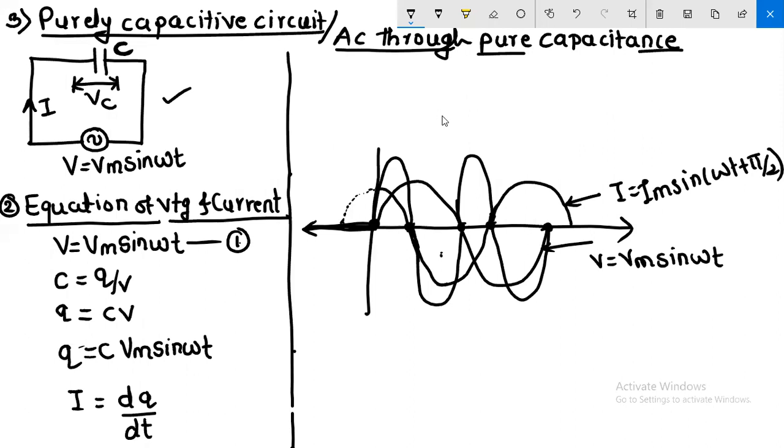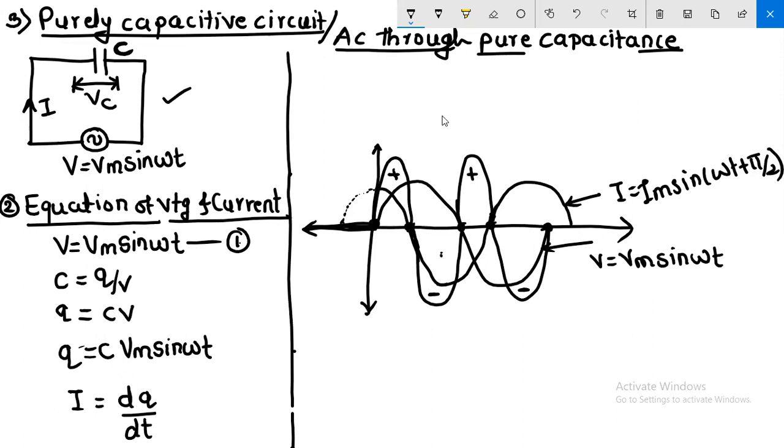That means in the whole cycle, twice your power is positive and twice it becomes negative. That means the average power over the whole cycle is nothing but 0. Everybody got this? Yes.